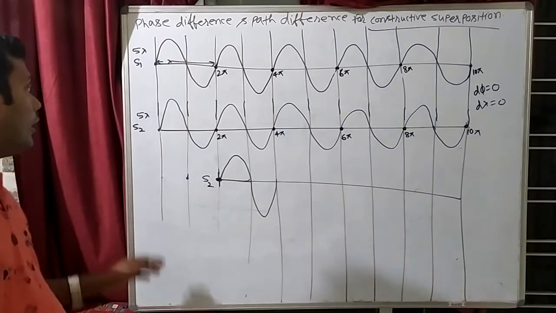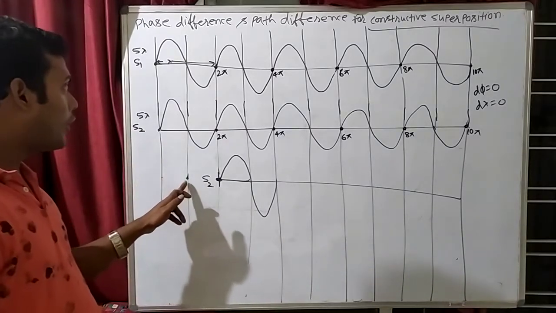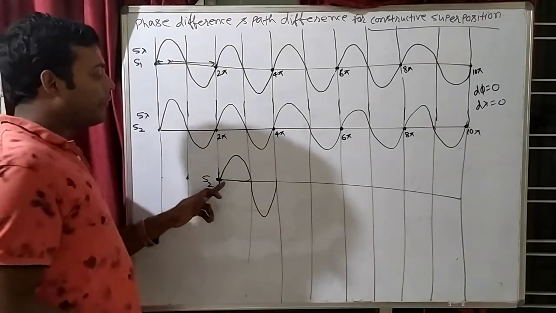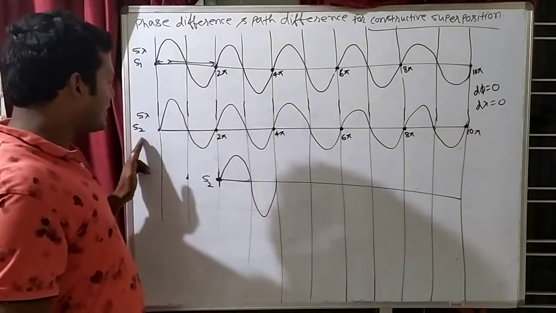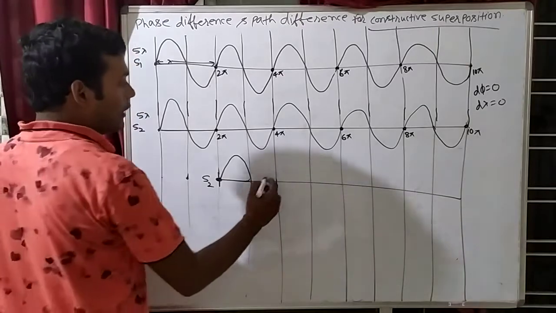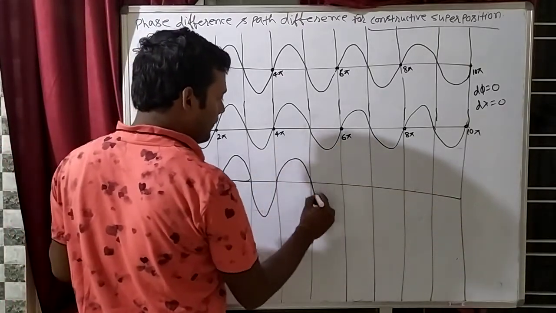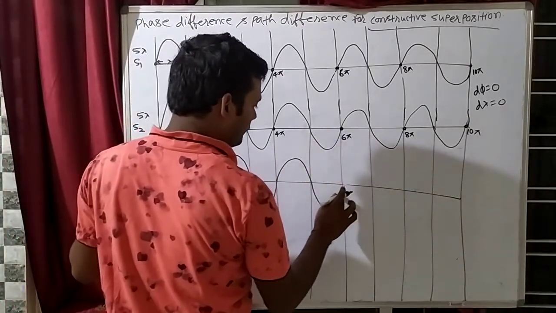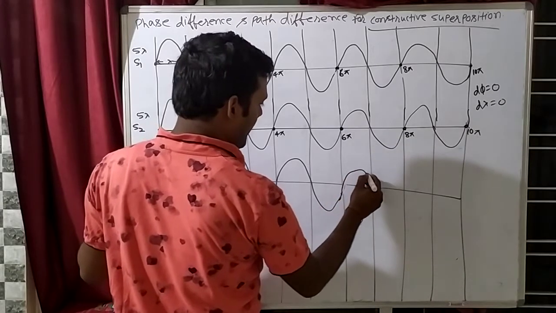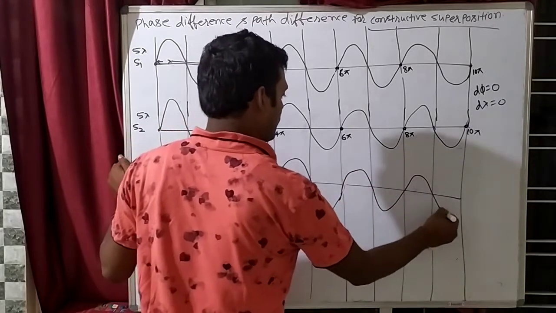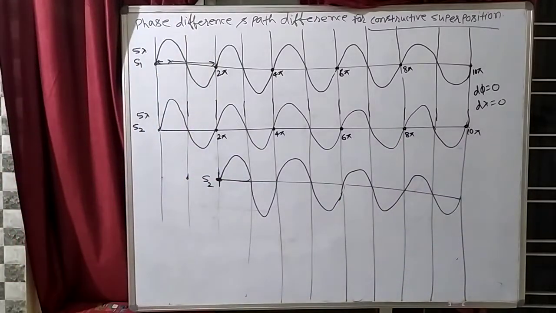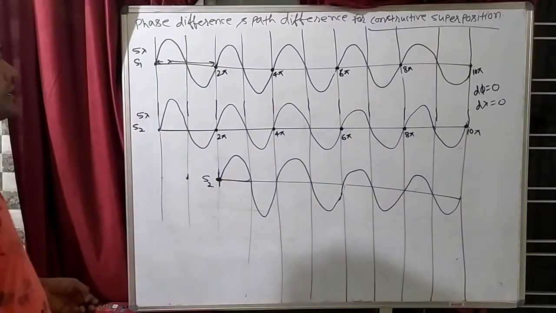Is it clear? We can't move our second source here because then it will become destructive. But we have to make constructive. So I will shift this S2 here to this position. So this wave will go like this, right? This wave will go like this. So this is constructive superposition.